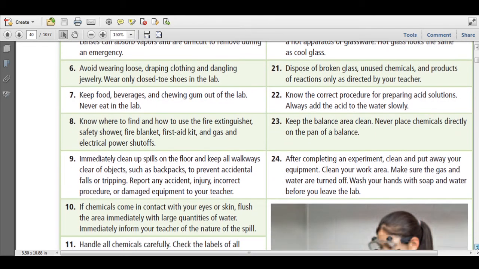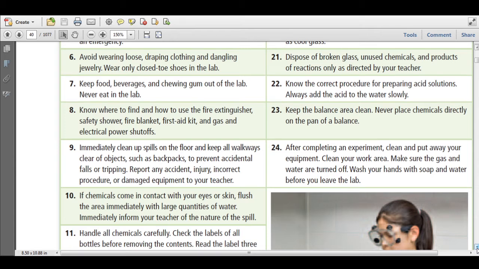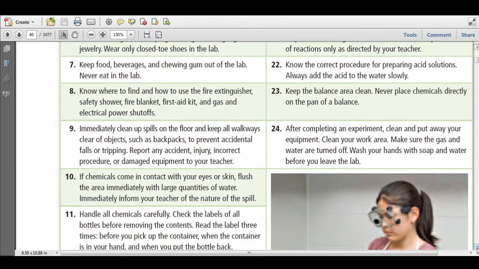Number 9, report any accident, injury, incorrect procedure, or damaged equipment to your teacher. And number 10, if chemicals come in contact with your eyes or skin, flush the area immediately with large quantities of water, and immediately inform your teacher of the nature of the spill.